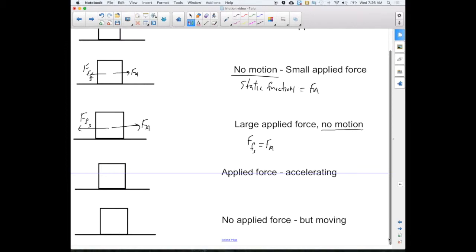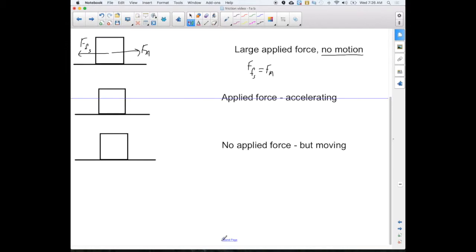Now, imagine now that I have a larger force and the box is accelerating.